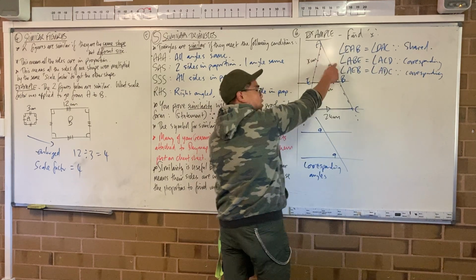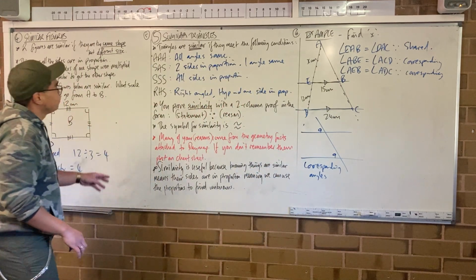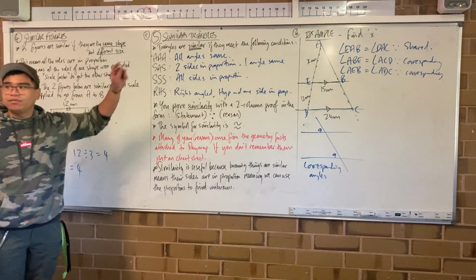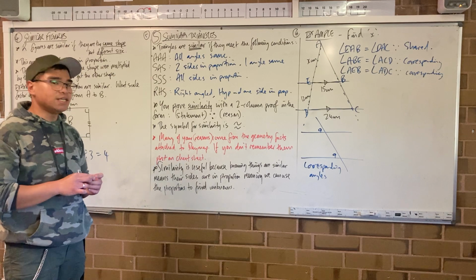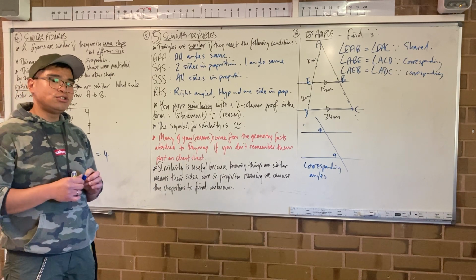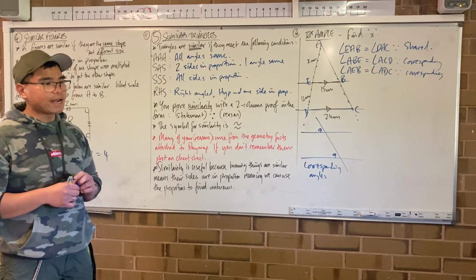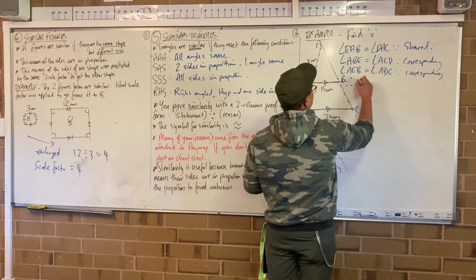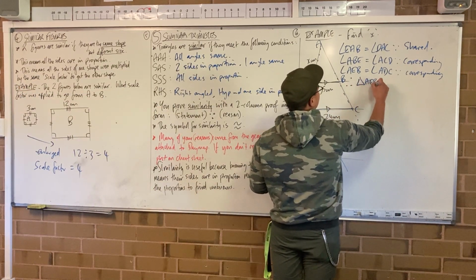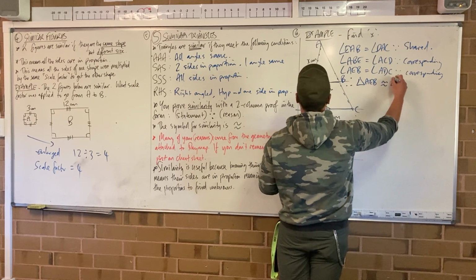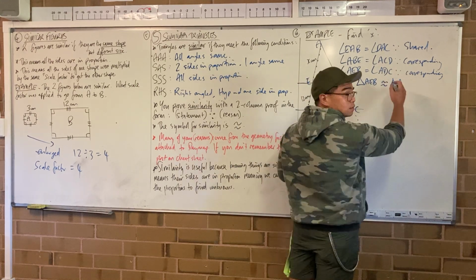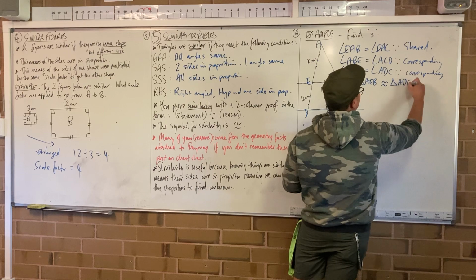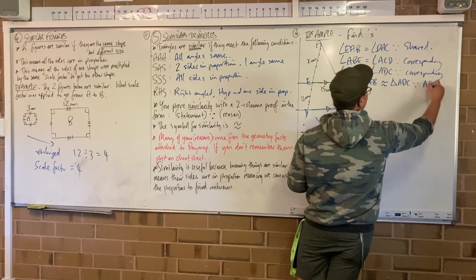Based on this argument of 3 things, which similarity proof do we have? Have we done any sides, or has it all been angles? All angles. So therefore, triangle AEB is similar to triangle ADC because of angle, angle, angle.